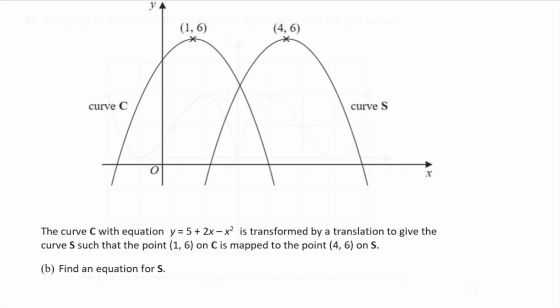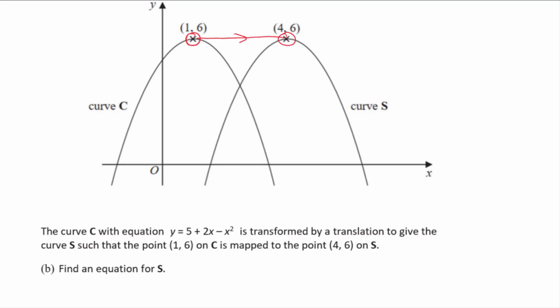Now for part B, it says the curve C with equation y equals 5 plus 2x minus x squared is transformed by the translation to give curve S such that the point 1, 6 on C is mapped onto 4, 6 on S. Find the equation for S. So this point here, 1, 6, is mapped onto this point here, isn't it?